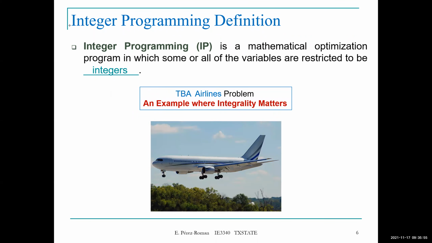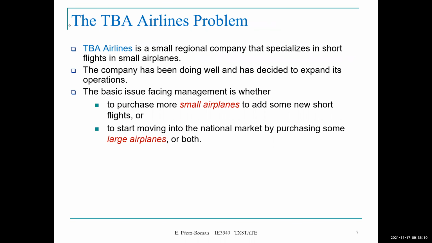So to illustrate the importance of integer programming, we're going to look at this example, which is the TVA Airlines problem, which is an example where integrality matters. This is a small regional company that specializes in short flights in small airplanes. The company has been doing well and has decided to expand its operations.